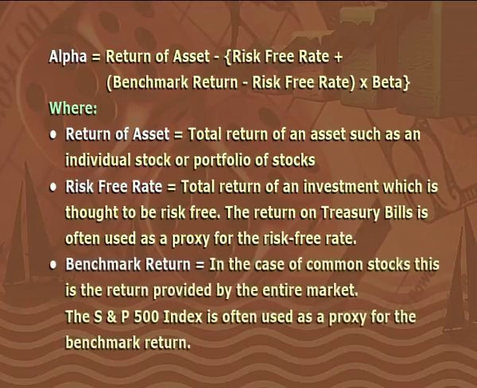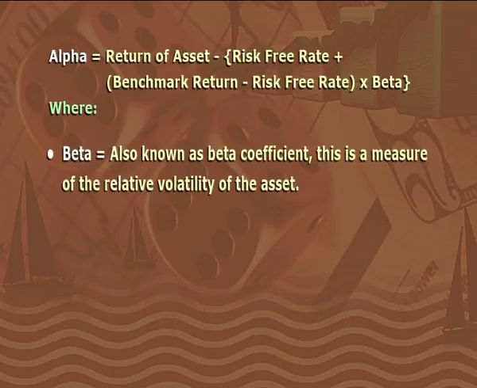Benchmark return is equal to, in the case of common stocks, the return provided by the entire market. The S&P, that is Standard & Poor's 500 index, is often used as a proxy for benchmark return. Beta, also known as the beta coefficient, is a measure of relative volatility of the asset.